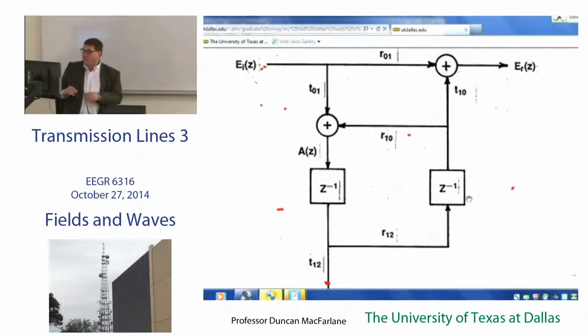And now all of a sudden you can instantly categorize this filter. It's an IIR, infinite impulse response feedback based filter of order 1. Okay, so as soon as you draw the signal flow diagram, you immediately move from the optics of the problem, or if you're doing a single transmission line, the electromagnetics of the problem, and you go into a filter space.